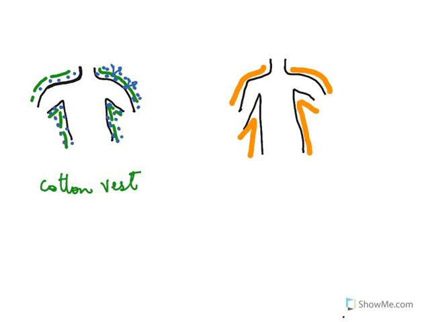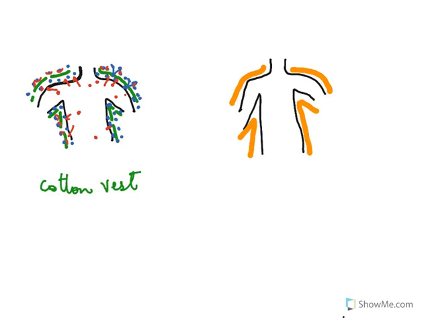And as it evaporates, and we know evaporation causes cooling, as these molecules evaporate, they will take away the heat from the body. So they will take away all this heat from the body. So the heat of the body will leave the person, because as these molecules evaporate, they absorb the heat from the body and they evaporate.